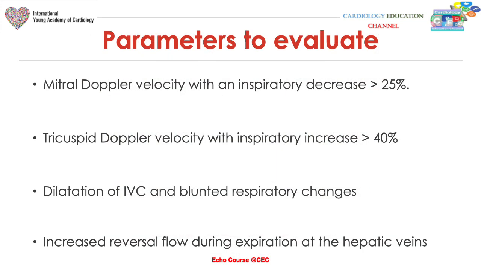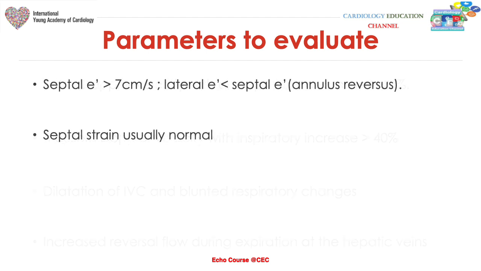So the mitral Doppler velocity decreases with inspiration by more than 25%, the tricuspid Doppler velocity increases with inspiration by more than 40%, with dilatation of the IVC and blunting of respiratory changes, and an increase in flow reversal during expiration in the hepatic veins.